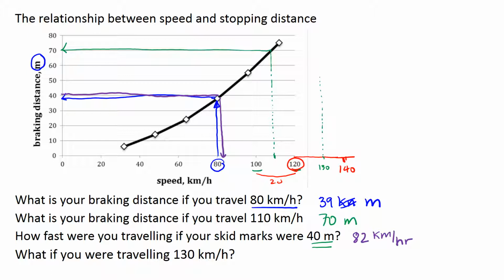I draw my line up, and there's no graph, but could I predict what's happening? I think it's going to keep going like this, and then I follow it across. And I say, that looks like it's about 2 spaces up past 80, so I would say 100 meters.